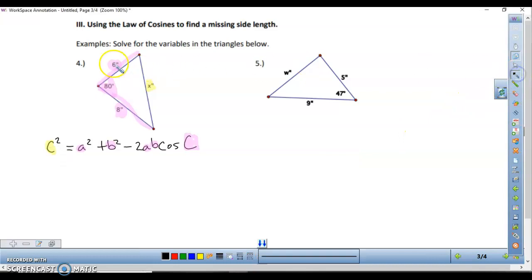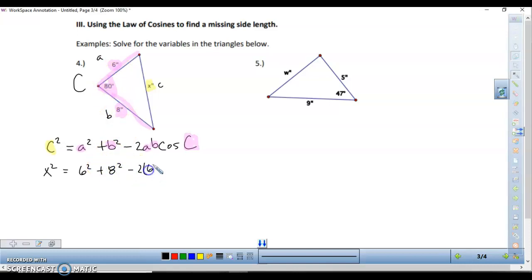So this is going to be A, B, big C, little c. I do not know little c, that's x. I know A is 6. That side is 6. I know that B is 8.